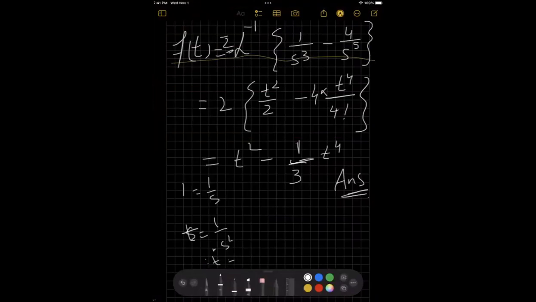I don't know how you got the 1 over 3. Okay, let me write it again. 4 factorial is 4 into 3 into 2 into 1. The 2 will cancel this 2, so we will be left with 1 over 3. Yeah, but where did you get it from?